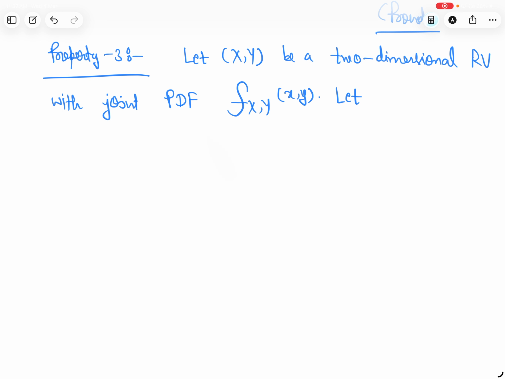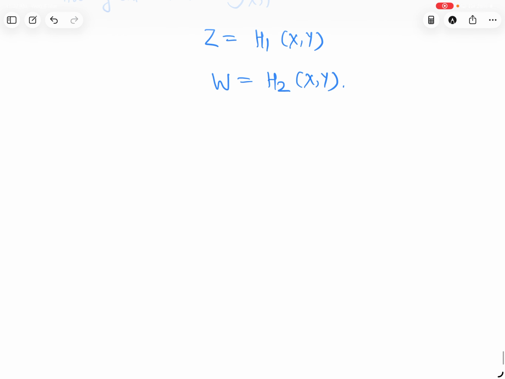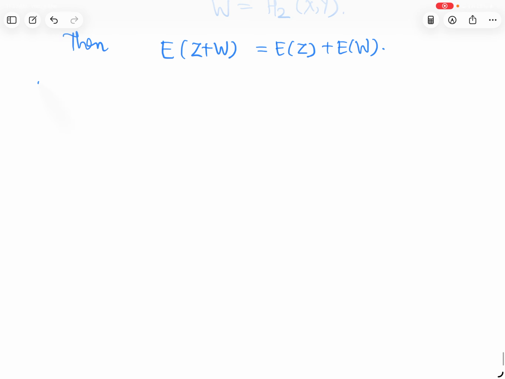Let Z is equal to h1(X, Y), W is equal to h2(X, Y), then the expectation of Z plus W. Let's see its proof.